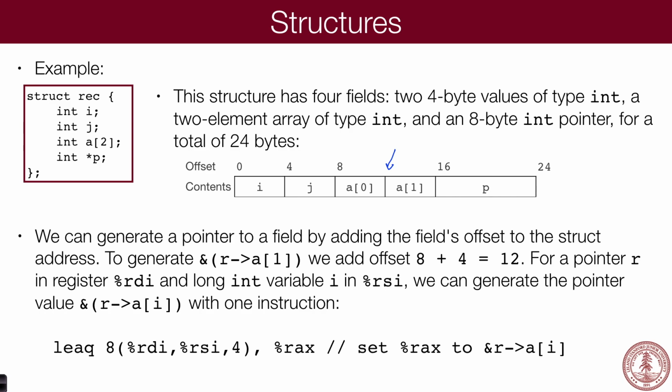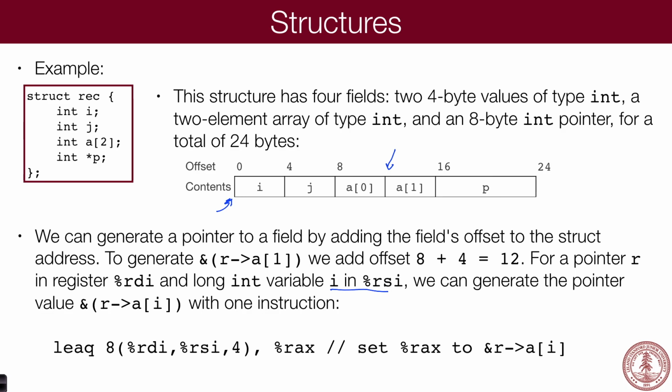We use RDI, which is where we said the beginning lived. That's the address of the beginning of the struct. And then in this case, we have the int variable I in the addressing. So we're going to look for AI. We're going to generate the pointer value by, well, sorry, I guess it's not 12.